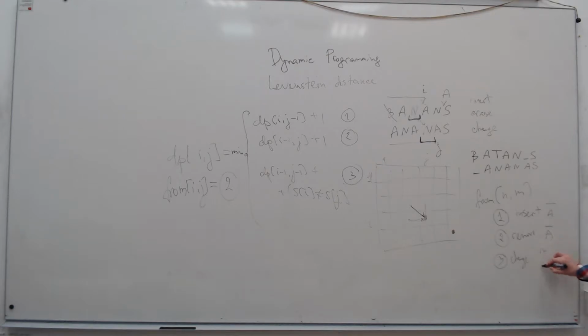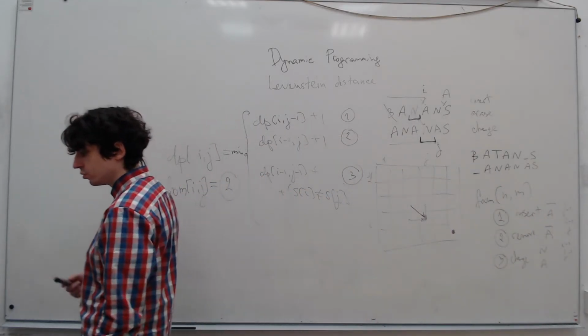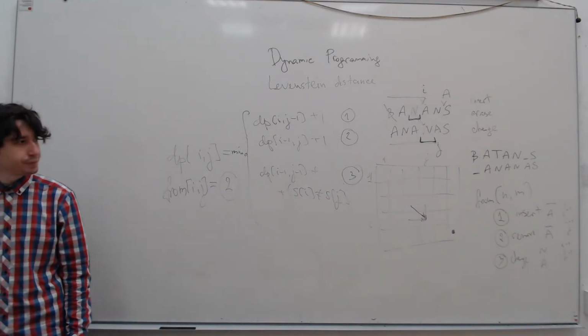Then we can have NA here. And if you come from insert, then you come from ij minus 1, here from i minus 1 j, and here from i minus 1 j minus 1, and continue backwards. So while true, do this, do this, and do this.